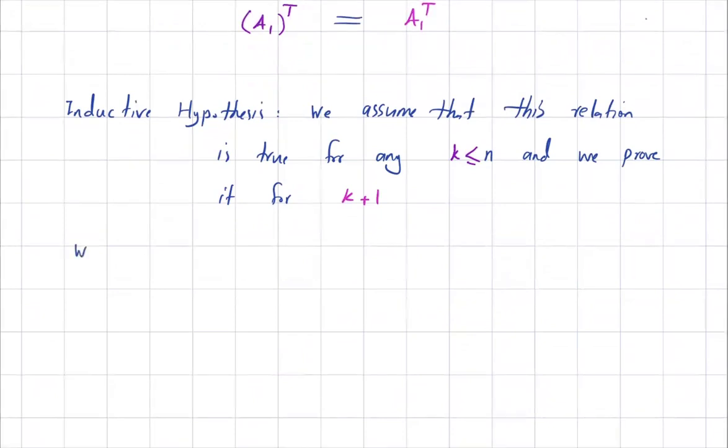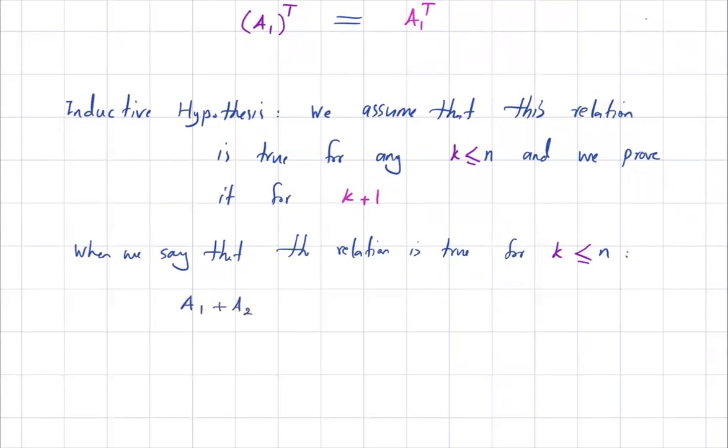When we say that the relation is true for k less than or equal to n, it means that if you add A1 to A2 to A sub k and find the transpose of this summation, it is equal to the summation of their transpose, dot, dot, dot, A sub k transpose.